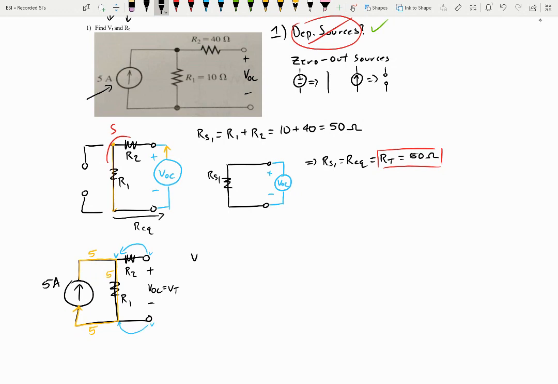We can say V of R1 is I times R1, which will be 5 amps times R1 is 10 ohms, which will give us 50 volts. So the drop across VR1 is equal to VOC, parallel branches, which is equal to V Thevenin, which is 50 volts.